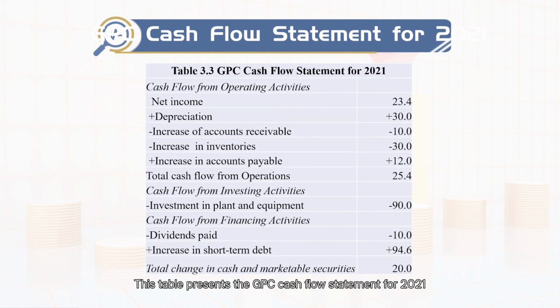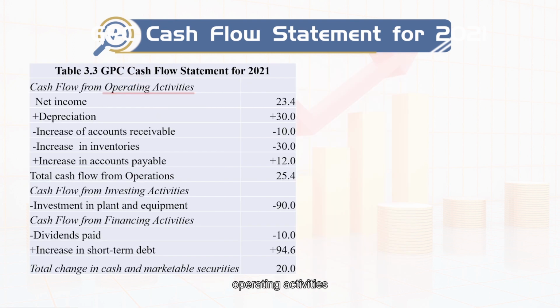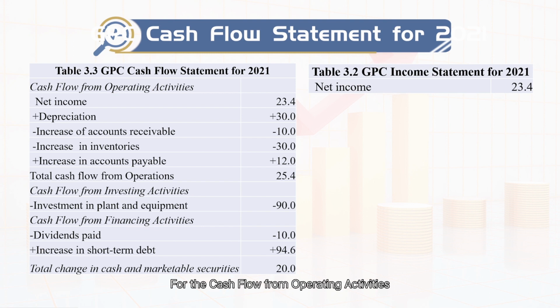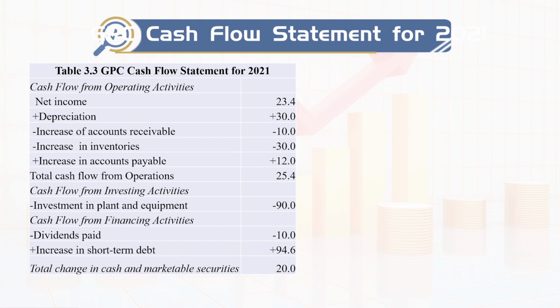This table presents the GPC cash flow statement for 2021. It organizes cash flows into three sections: operating activities, investing activities, and financing activities. For the cash flow from operating activities, the first item, net income, has been obtained in the income statement as $23.4 million.